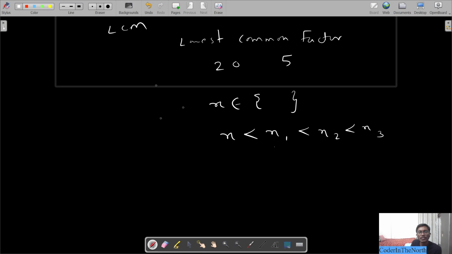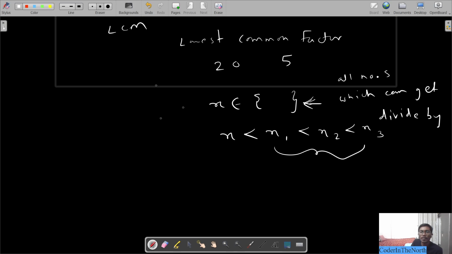Now what does this set mean? This set includes all numbers which can get divided by a and b both. Here this is a, this is b. So this set represents all the numbers which can get divided by both a and b.